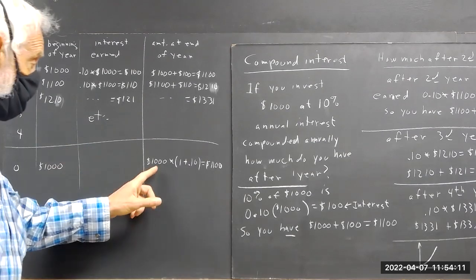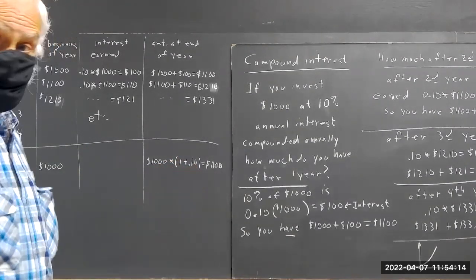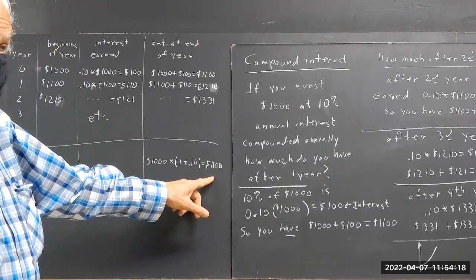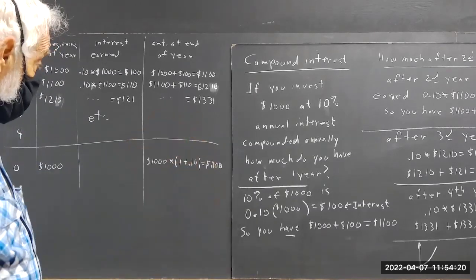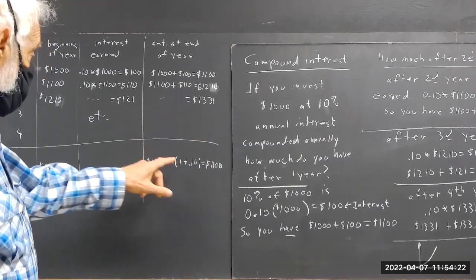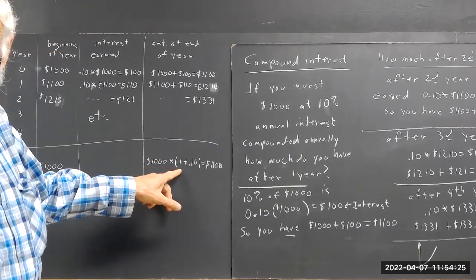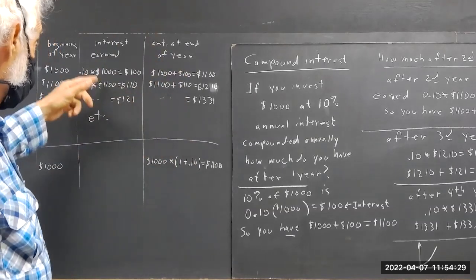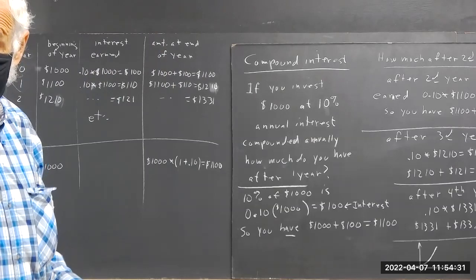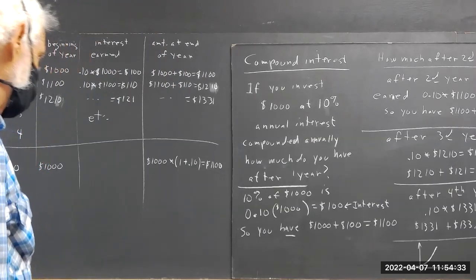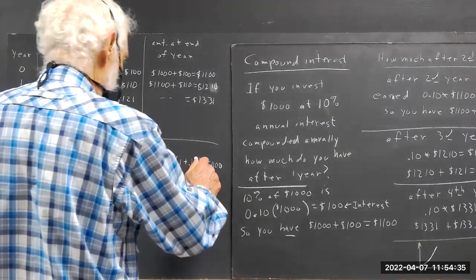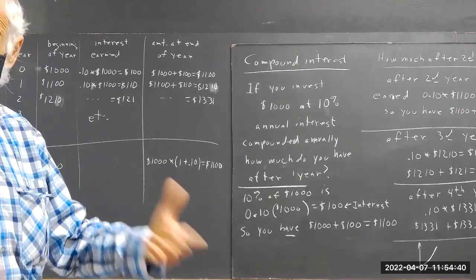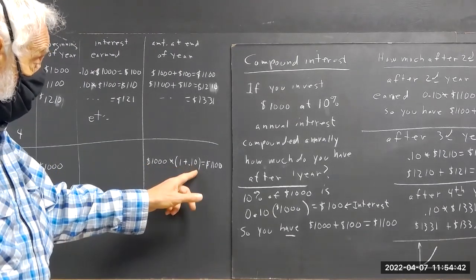So what I'm doing is I'm multiplying 1,000 times 1 plus 0.10. Gives me the same result, doesn't it? Okay. Why is that? It's because 1,000 times 1 is 1,000, right? And 1,000 times 0.10 is the interest that we make, right? So multiplying by 1 plus 0.10 gives us the money we have, plus the interest.